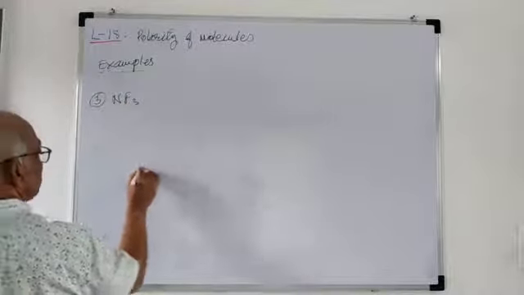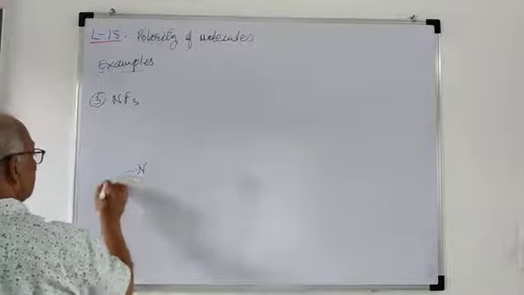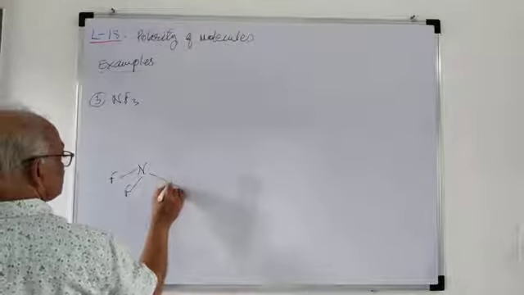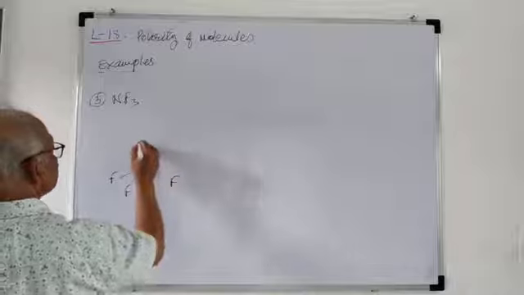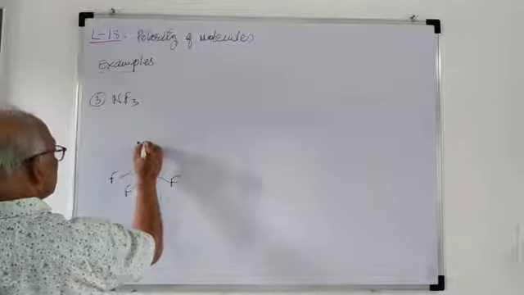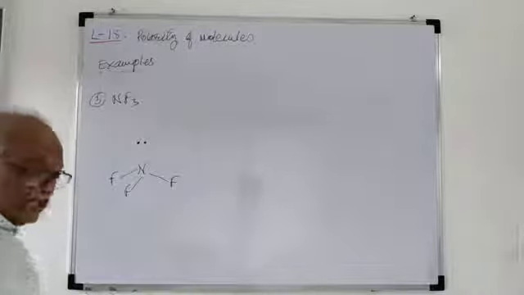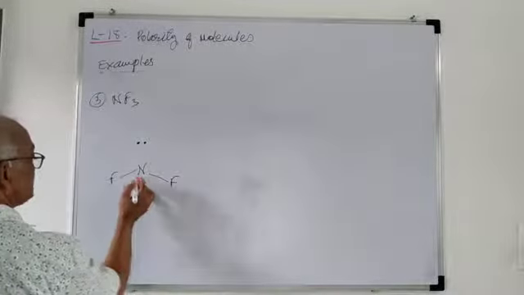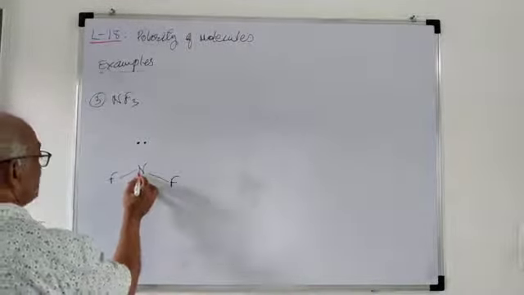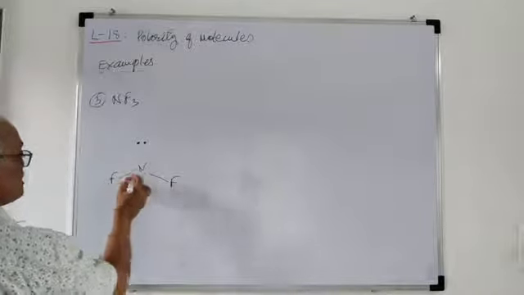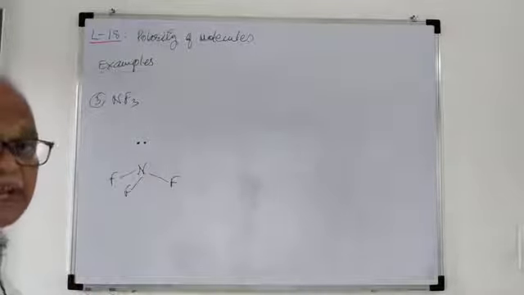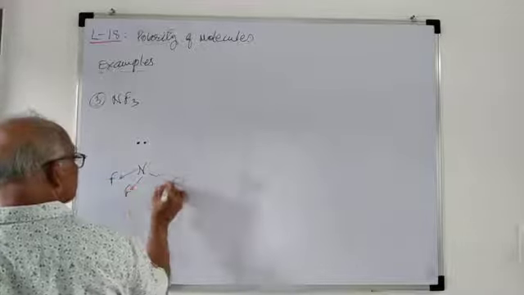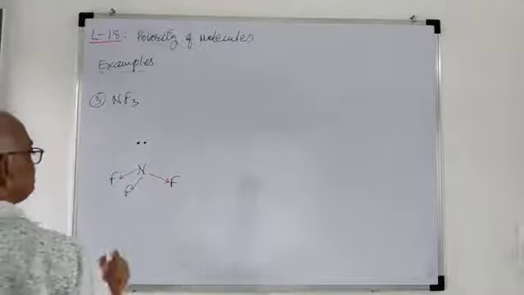So here nitrogen is at the center, and these are the nitrogen fluorine bonds, and lone pair is in this way. So if we compare nitrogen and fluorine, fluorine is more electronegative than nitrogen. So the bond dipole is pointing in this direction.